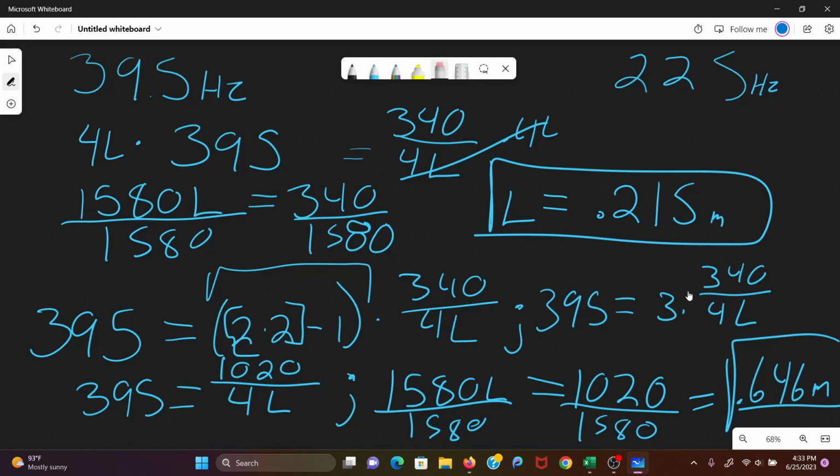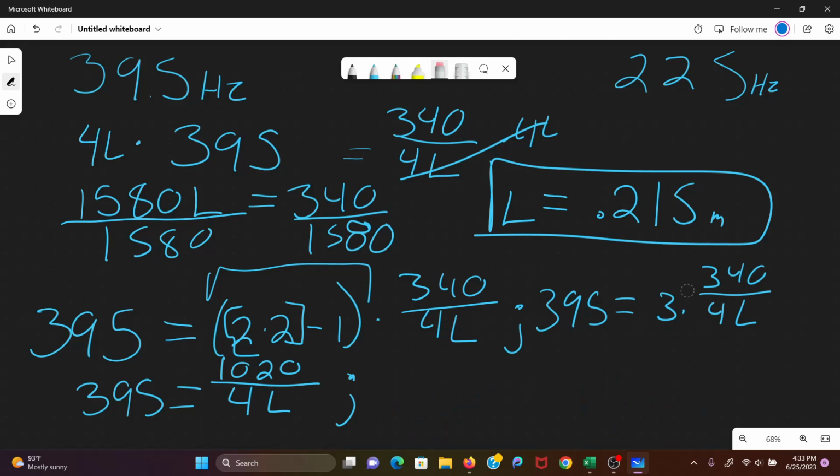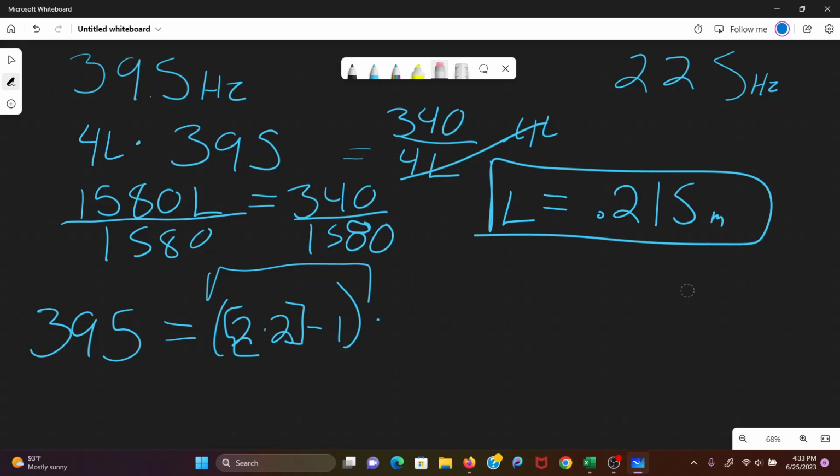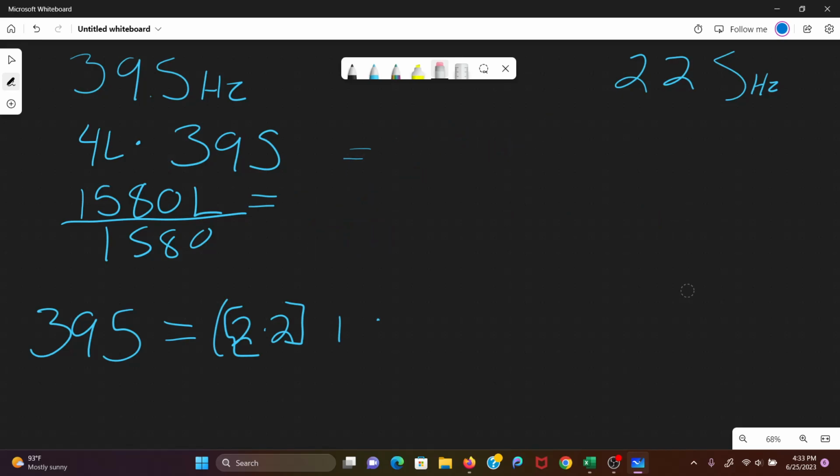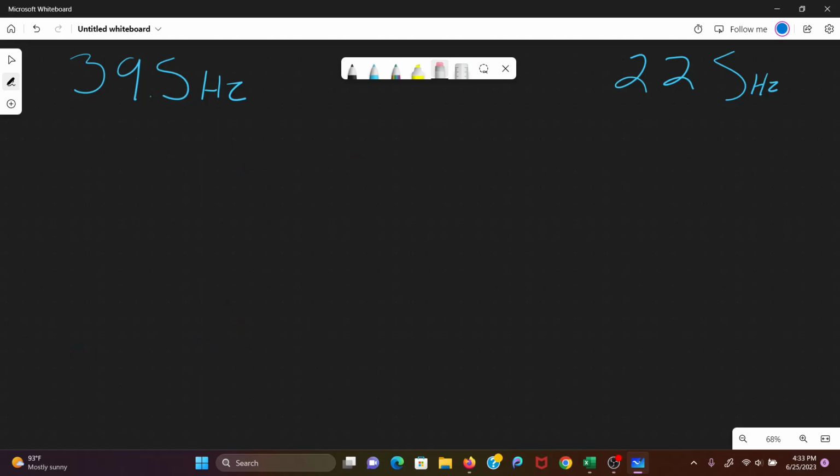Okay, let's go back and do 225 hertz. Okay, so 225 equals our first resonant frequency, which is 340 over 4L.